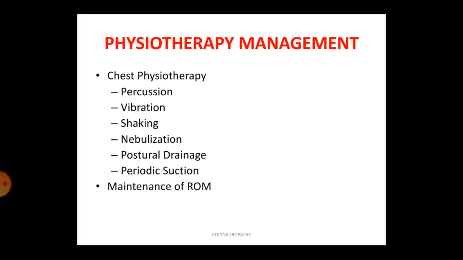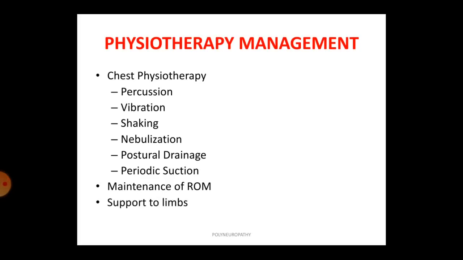Then maintenance of range of motion. For that, you know what to do. You go for passive range of motion exercise, and you can also take help from splints, because splints maintain a particular joint in a particular position, so they prevent contracture and tightness. If contracture and tightness are prevented, range of motion will be maintained.